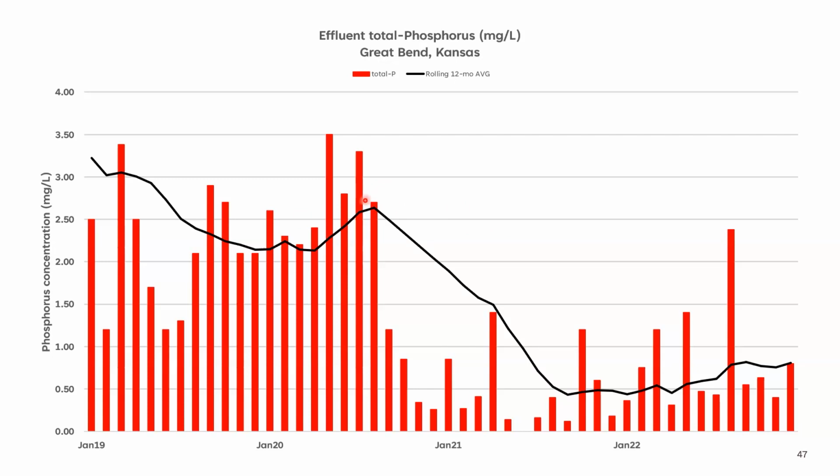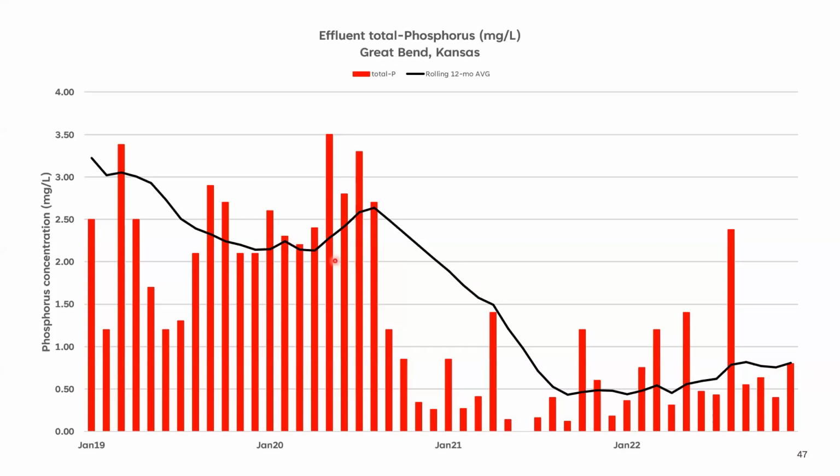And they worked with Grant, listened to Grant, did some of their own investigation and processing work, and their total phosphorus has dropped from 2.5, which is not bad, to under 1 milligram per liter as a rolling 12-month average.